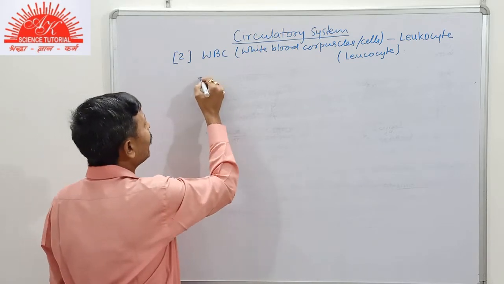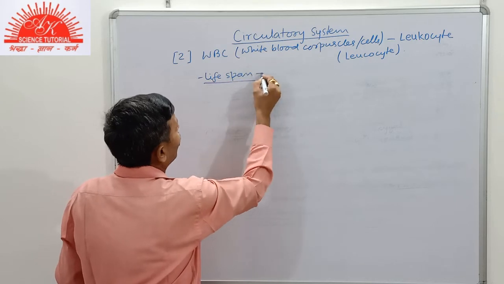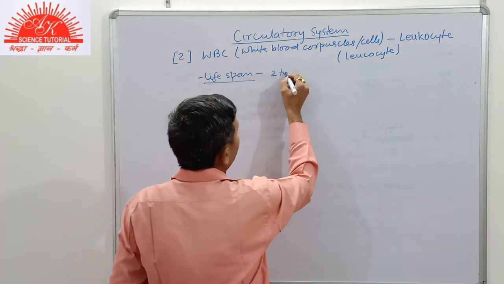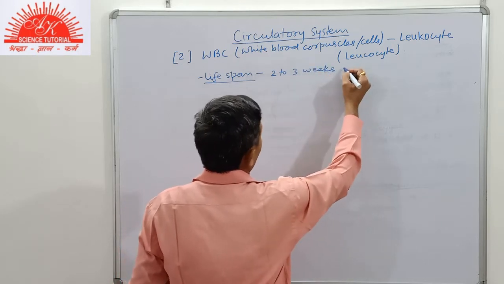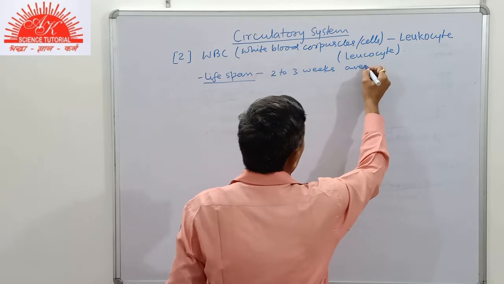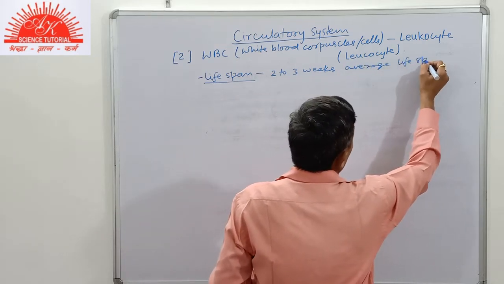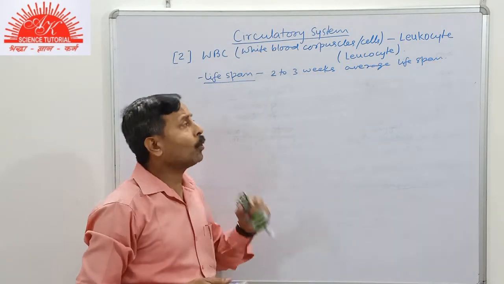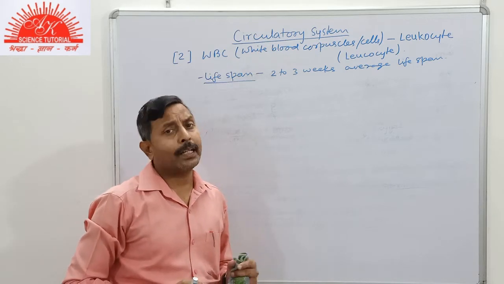Now, lifespan. It is 2 to 3 weeks, the average lifespan. Now we see that monocytes get destroyed in 2 to 3 days only.